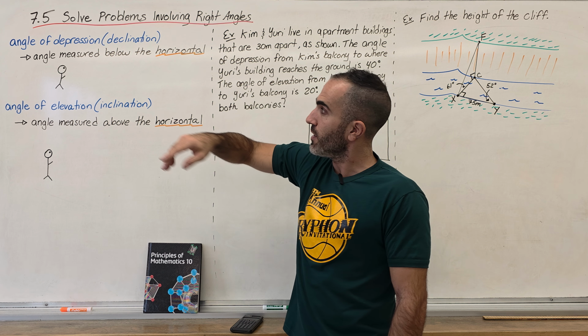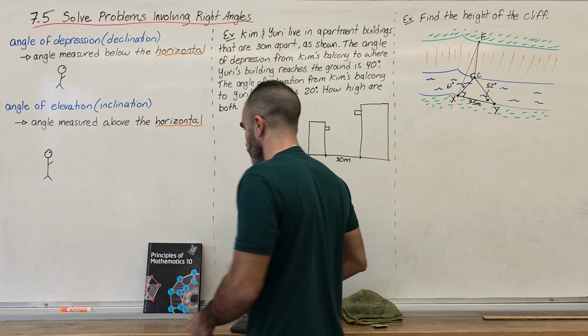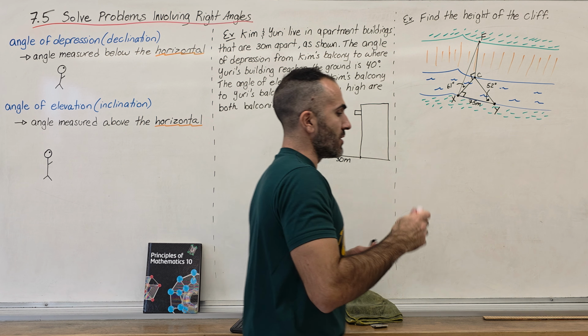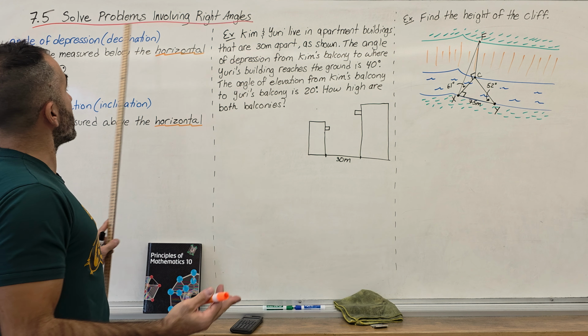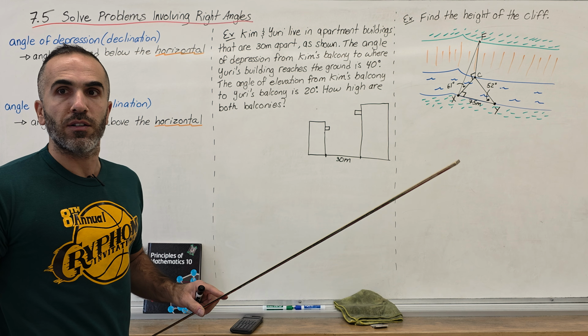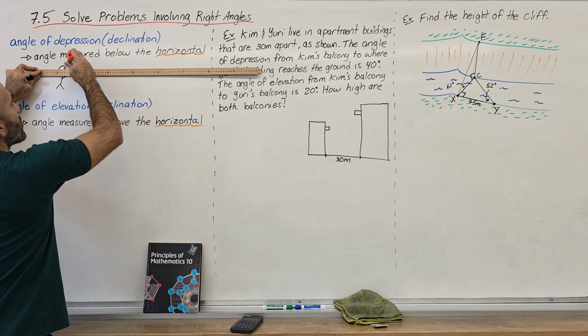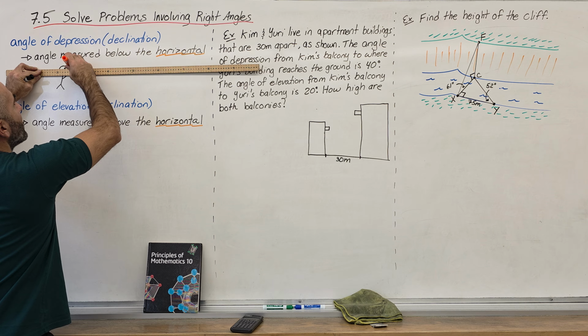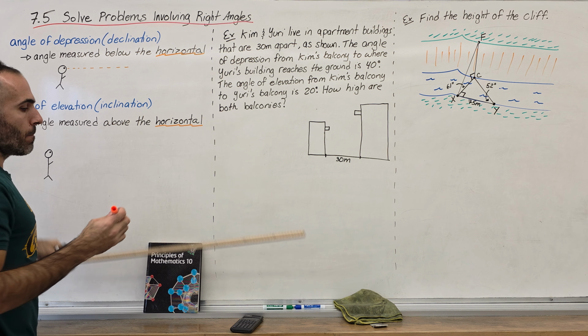The angle of depression is the angle measured below the horizontal. That word horizontal I underlined because it's important. If you're not drawing a horizontal, as soon as you see these words, you're probably going to find the wrong angle. So let's say I find the angle of depression from this guy's eyesight. I draw a dotted line to simulate the horizontal.